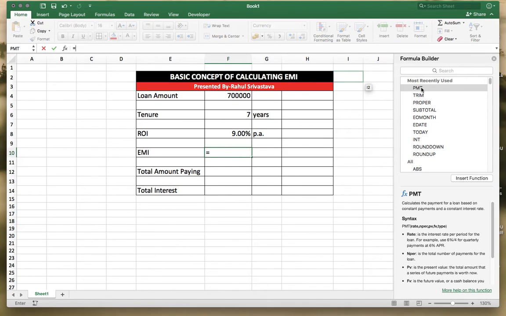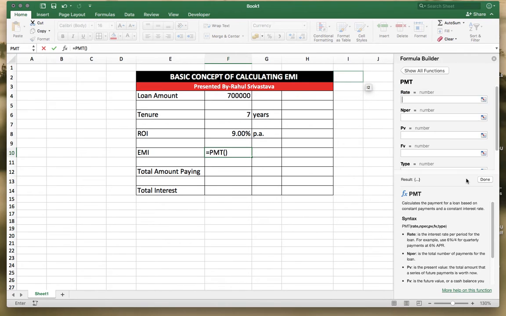Since I have already used this formula, it is showing as PMT. If it doesn't come, then you can search here with the PMT option, then it will automatically show you. Since the PMT option is already available here, we'll go to the PMT option and click insert function. As soon as we click on insert function, the pop-up screen opens on the right hand side.